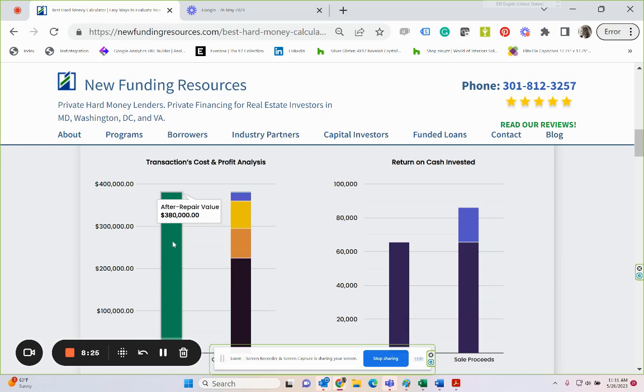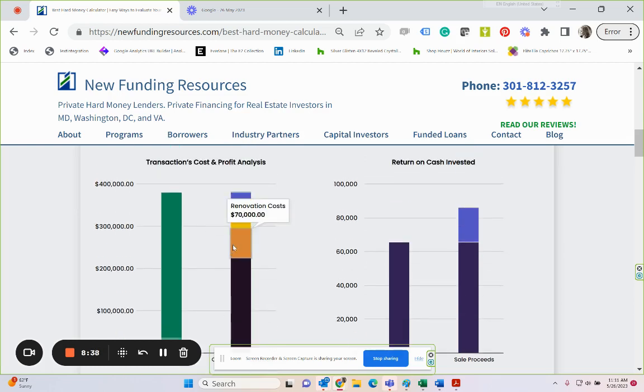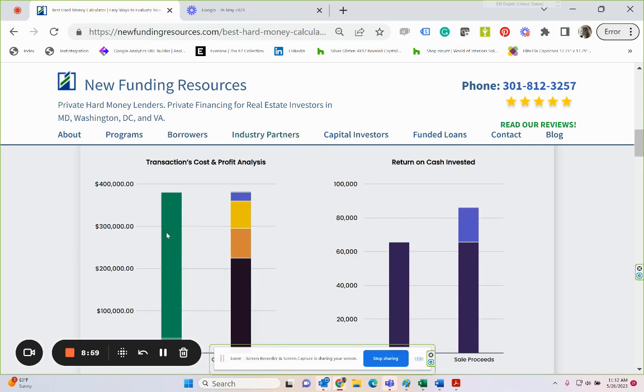Out of this 380,000, your initial purchase price would be 225,000. This is what you paid for your property. That in orange would be the renovation cost that you spend. In yellow, there would be closing costs, holding costs, selling costs, all the costs associated with your transaction. And finally, this is your profit in purple. So it helps you visualize in a very simple way how this 380,000 would be allocated.